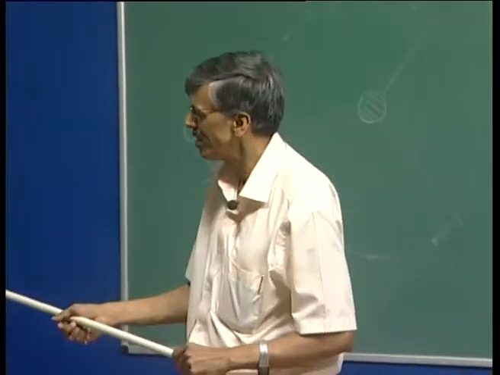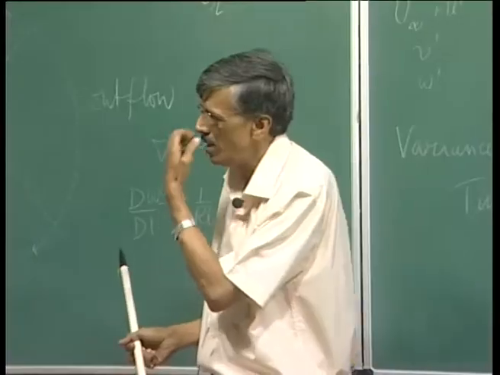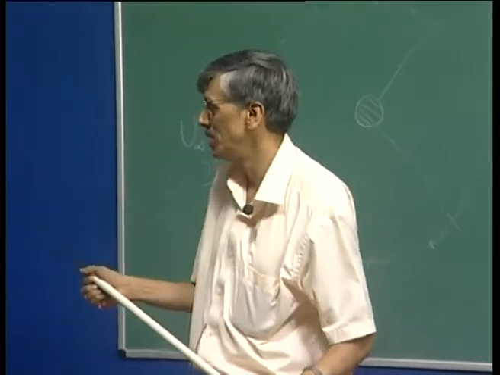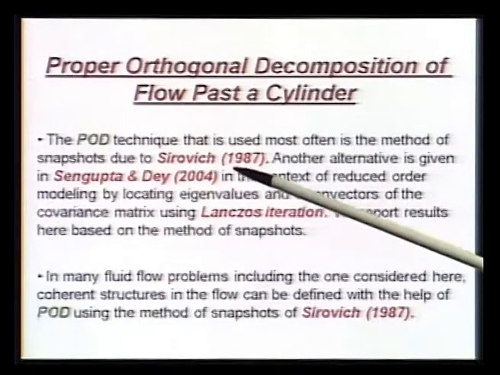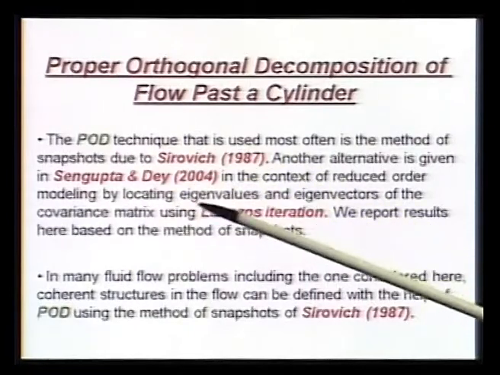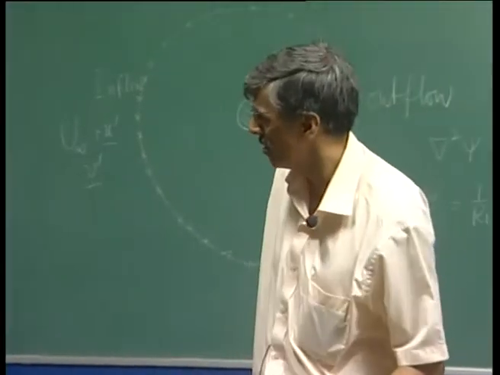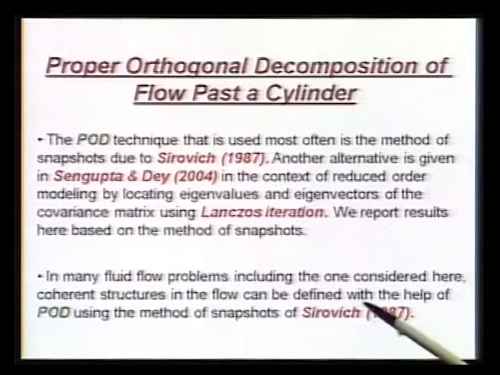But still, that is much better than what we had before. We will talk a little more in detail about the method of snapshots and how to interpret the data, but this was a remarkable achievement by which this whole subject of POD technique got a boost, and it was revived. That is all due to Sirovich.